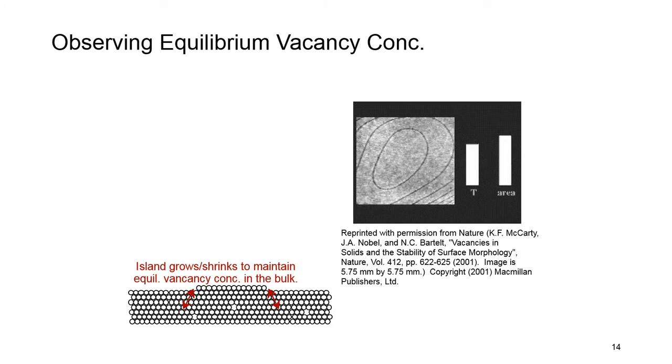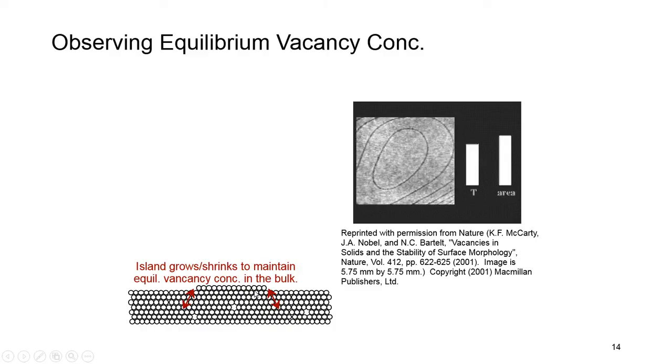Why? Because the equilibrium vacancy concentration increases with atom motion from the crystal to the surface where they join the island. As you can see here, this island on the top surface grows or shrinks to maintain the vacancy concentration in the bulk.